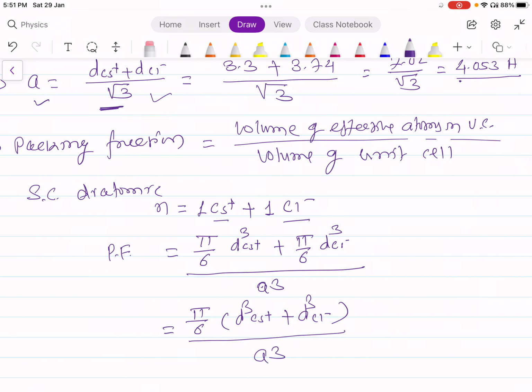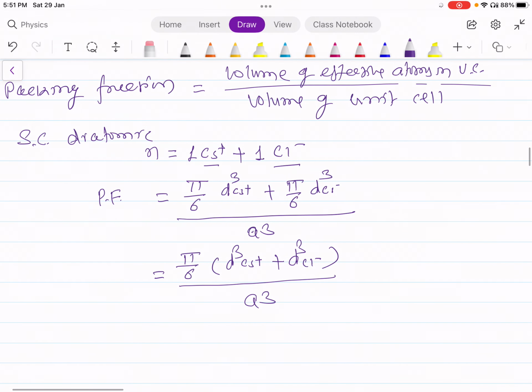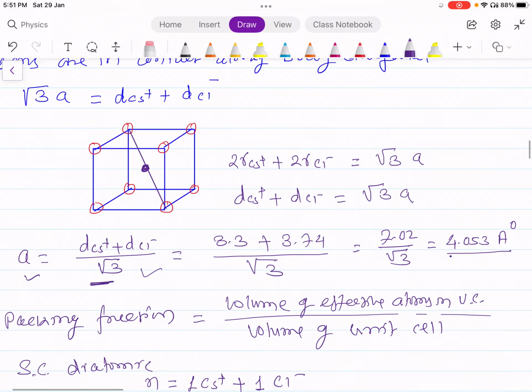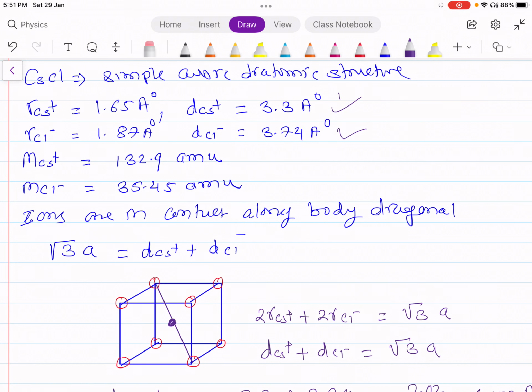I know the value of a. I have already calculated. So let us substitute the values. Pi by 6 in bracket diameter cube of cesium ion. The diameter of cesium ion is given here, which is 3.3.